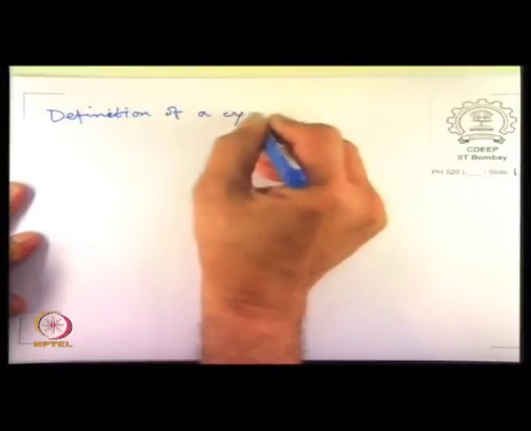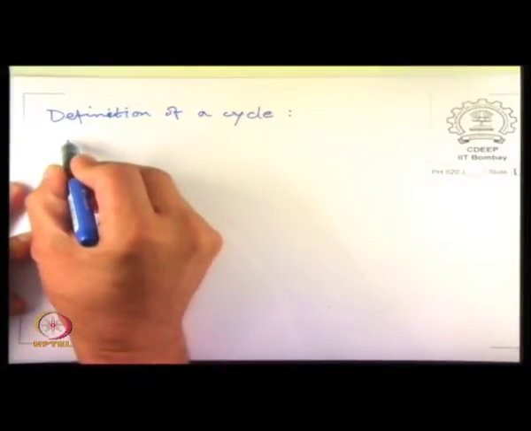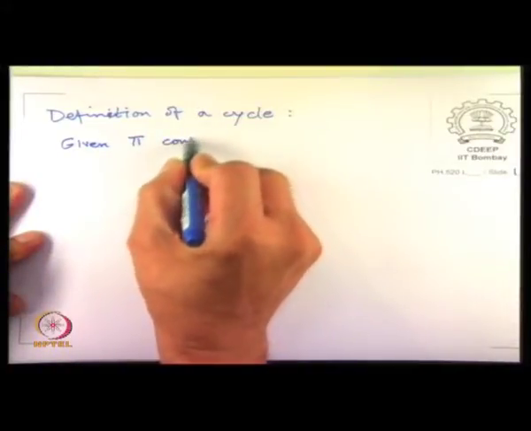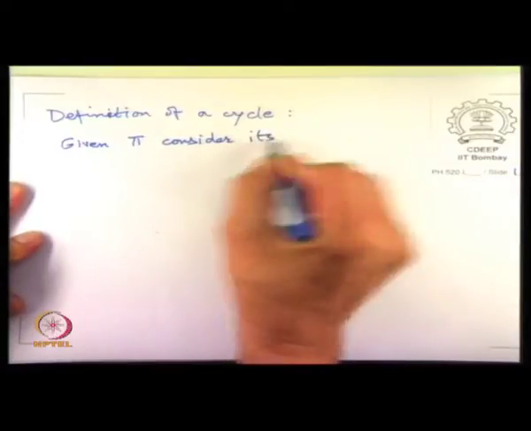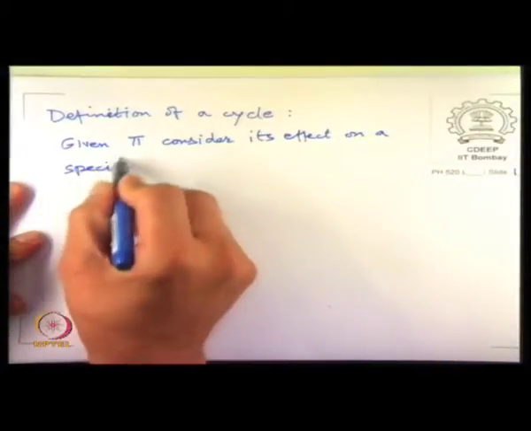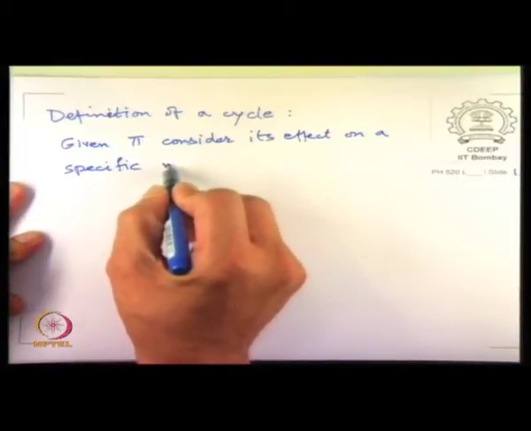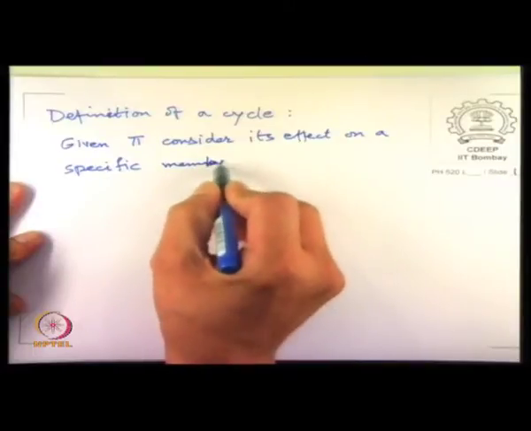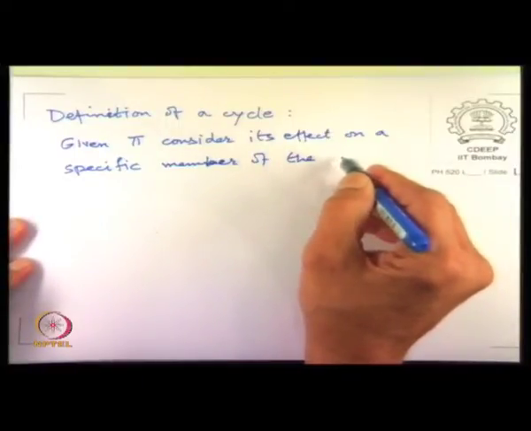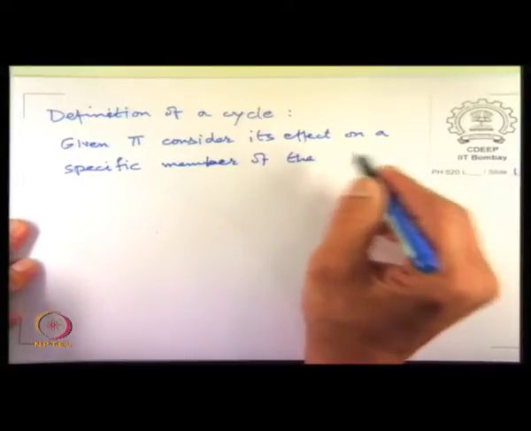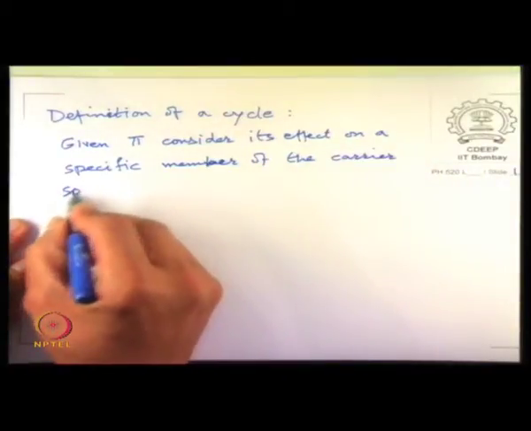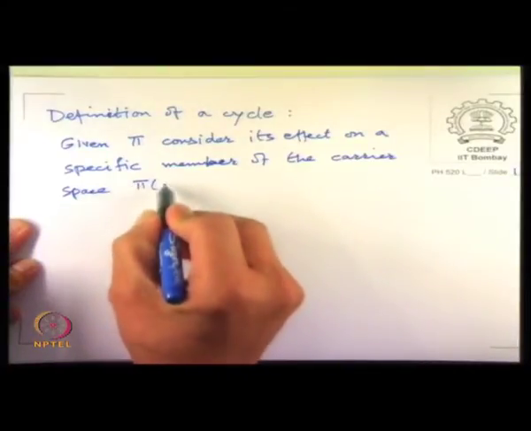We already have an intuitive idea what a cycle is, but what we say is that given pi, consider its effect on a specific member of the carrier space, pi of, let us say, 1.